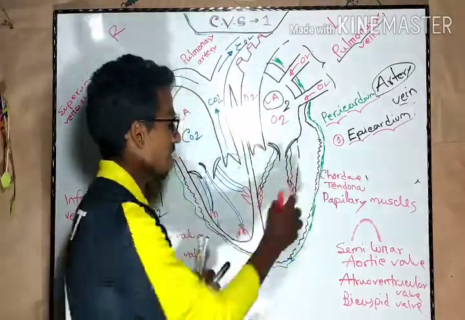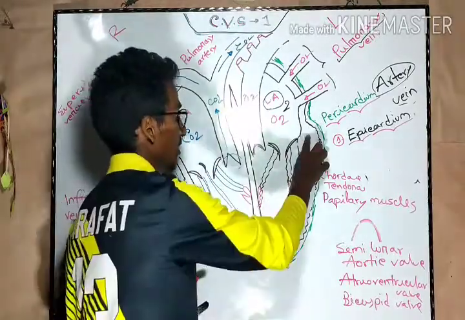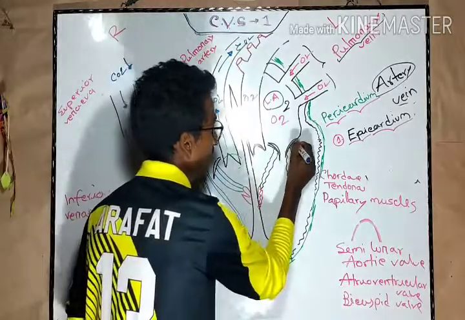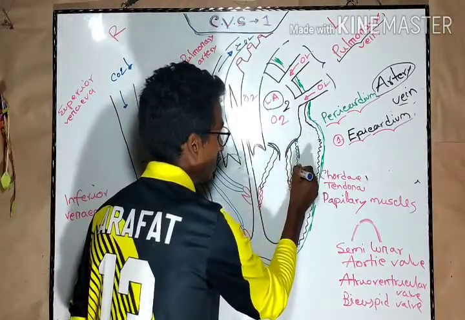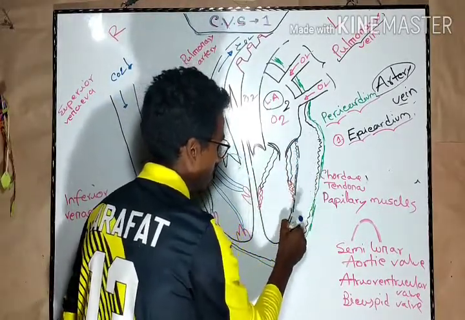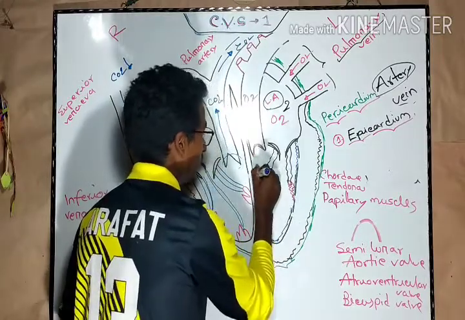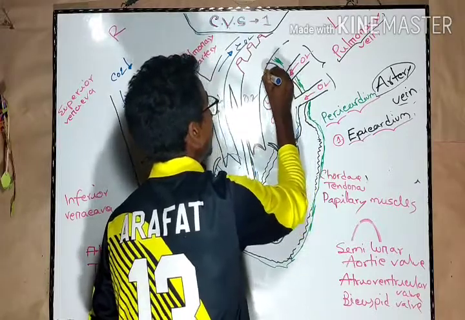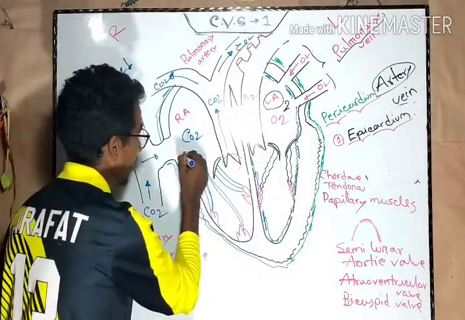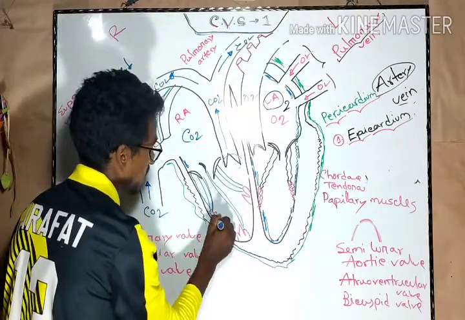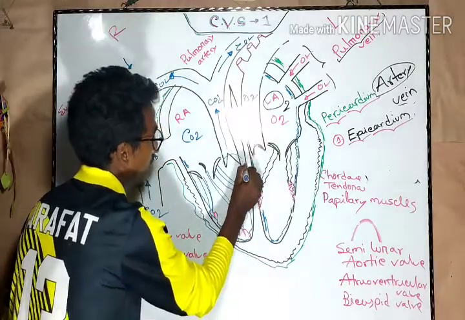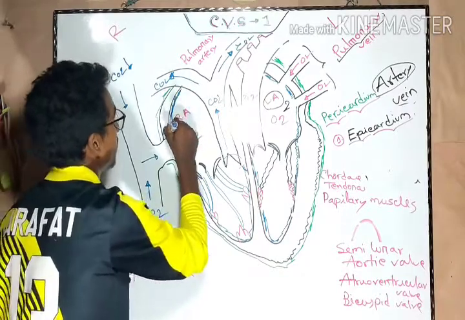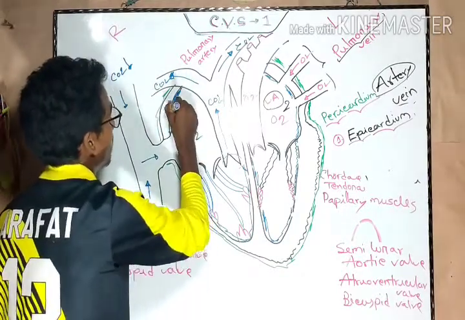The inner layer is covered with smooth endothelium cells, which control smooth blood flow. This is the smooth endothelium cell.